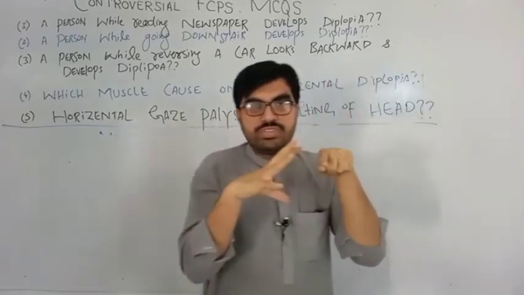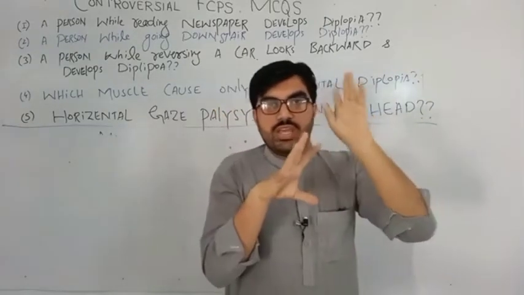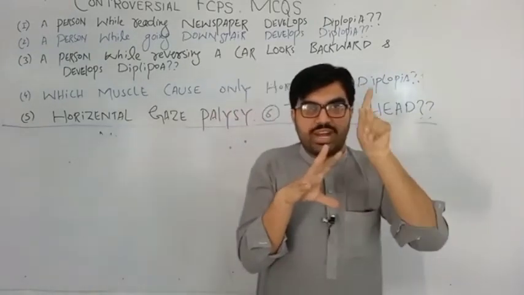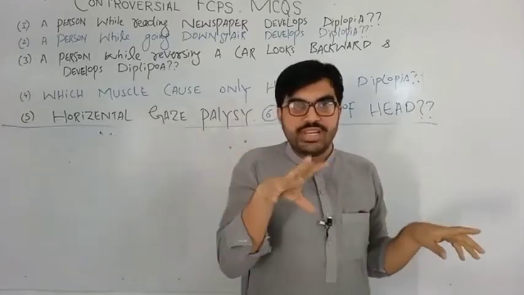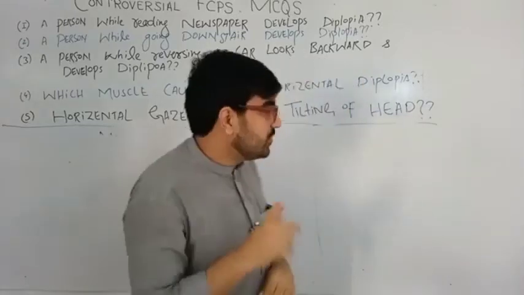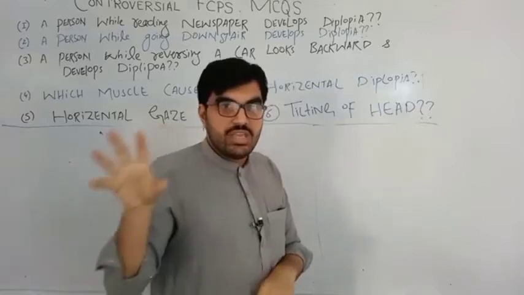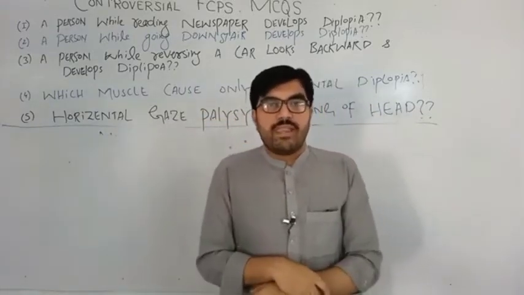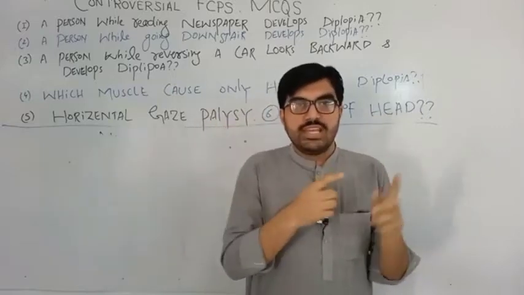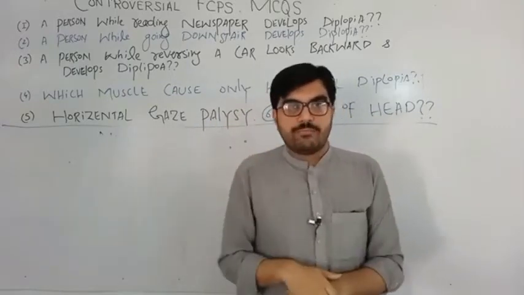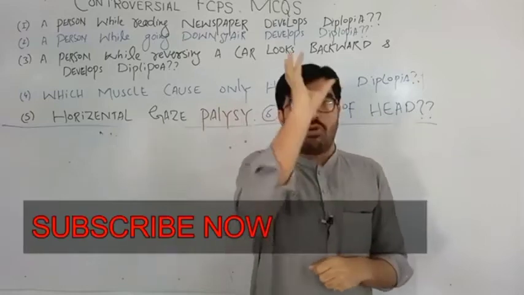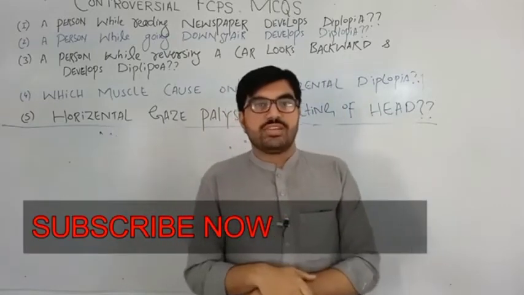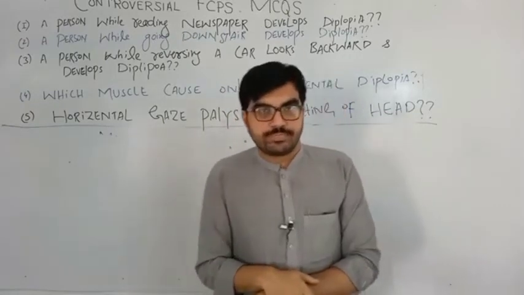But medially, which muscle is causing depression? Superior oblique. So when the superior oblique is paralyzed and the eyes move medially, it will fly away. So there is an MCQ regarding this: when you are checking a patient and while moving medially, his eye moves upward. Which muscle is paralyzed? That is superior oblique.